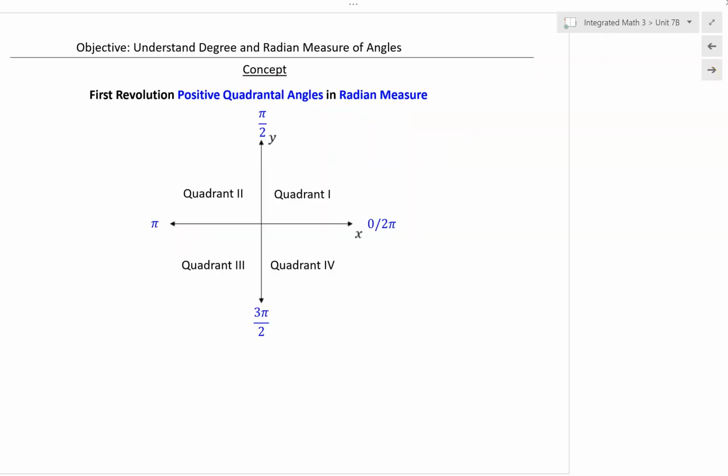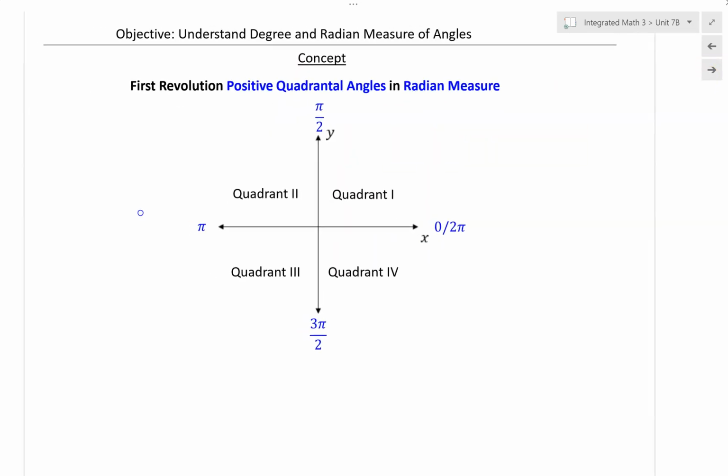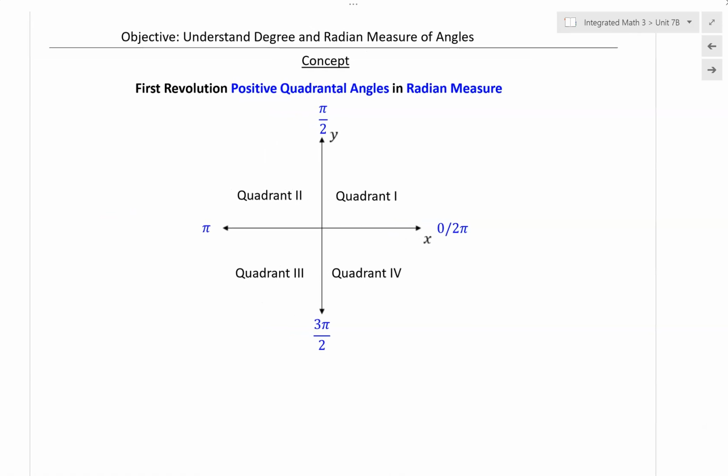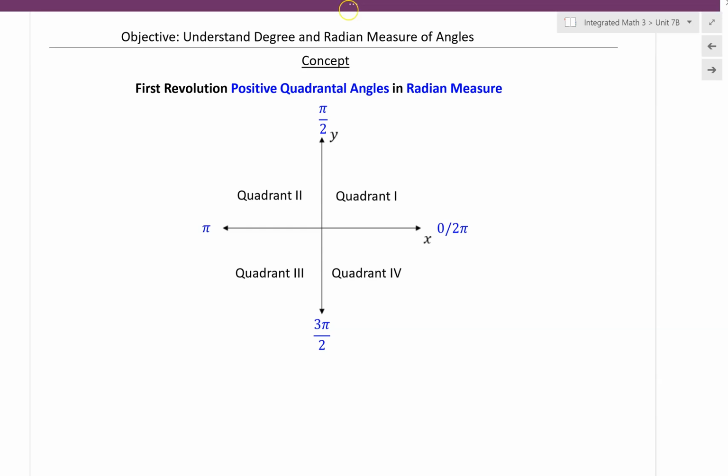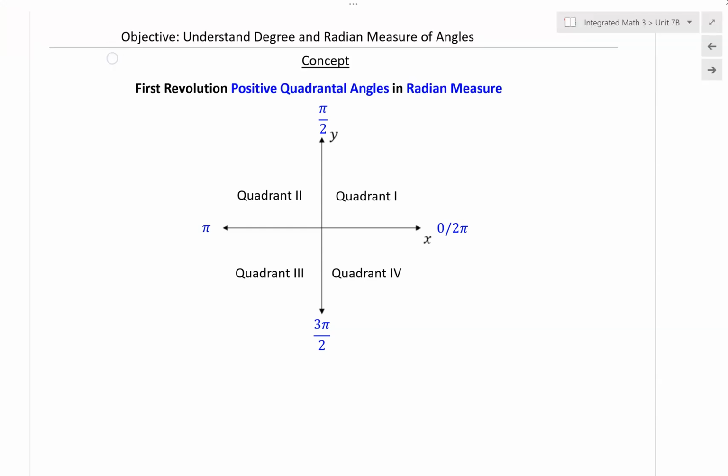All right, so the last topic that we're going to talk about is graphing in radian measure. So if I take this idea, we knew that 180 degrees is this quadrantal, right? So that's pi. And if I cut that in half, then that's pi over 2, right? That's the same thing as 90 degrees.